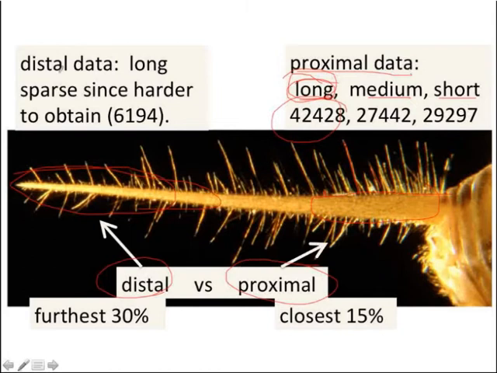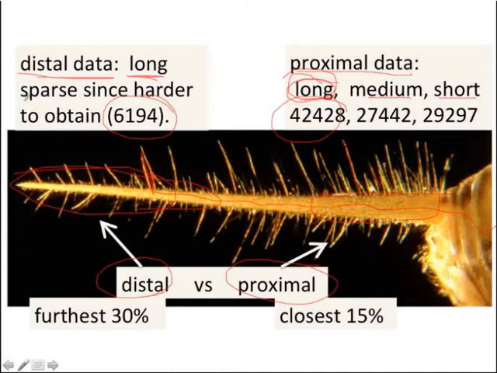With respect to the distal data, we only have 6,000, and they all correspond to long. Getting this data is more difficult. You have to trace this thing, so we've got our long hair that then attaches to this nerve ending. The tracing is much further.